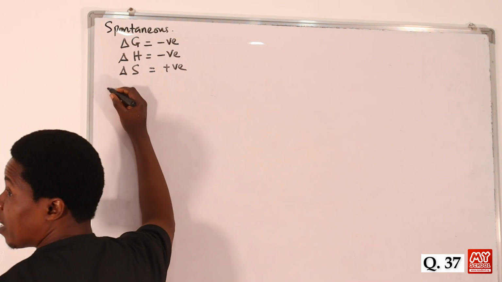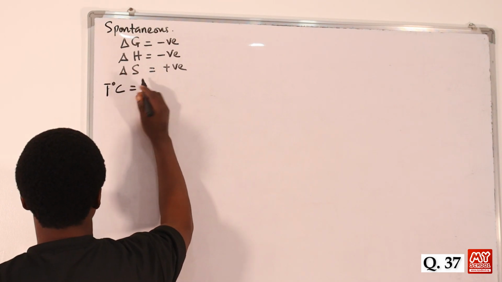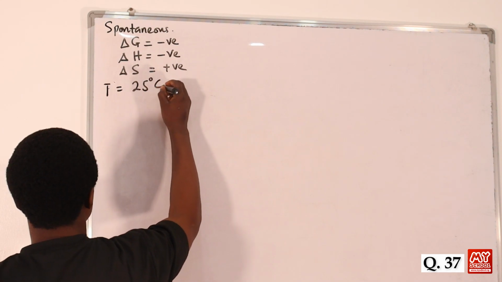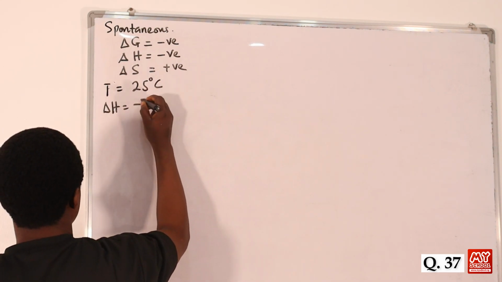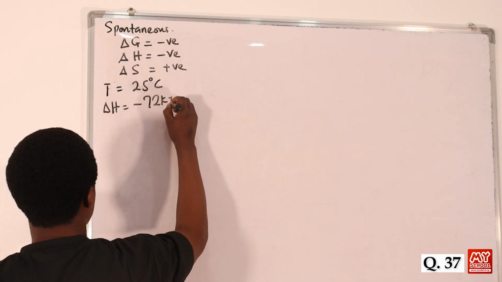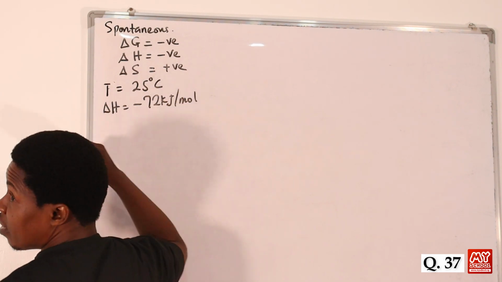We were given already that the temperature is 25 degrees Celsius. Then we were given that delta H is negative 72 kilojoules per mole, and that is all.